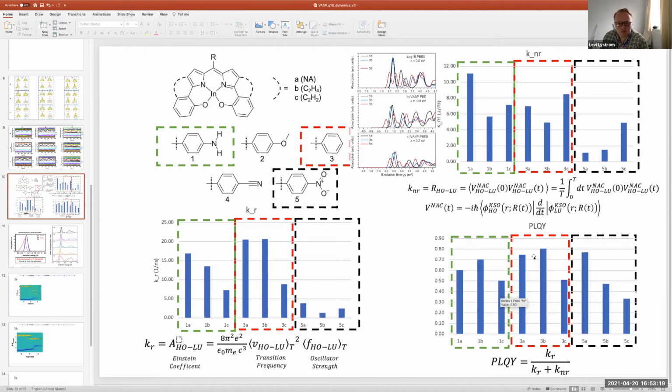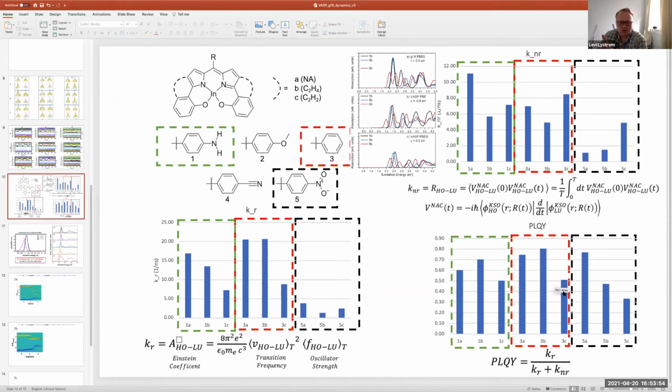If we look at the radiative relaxation, A and B are very similar, where C drops in its radiative relaxation compared to A and B. And for non-radiative, B is the lowest, and then A and C compete for which one's the highest, which then leads to B being the lowest because you add a smaller number.